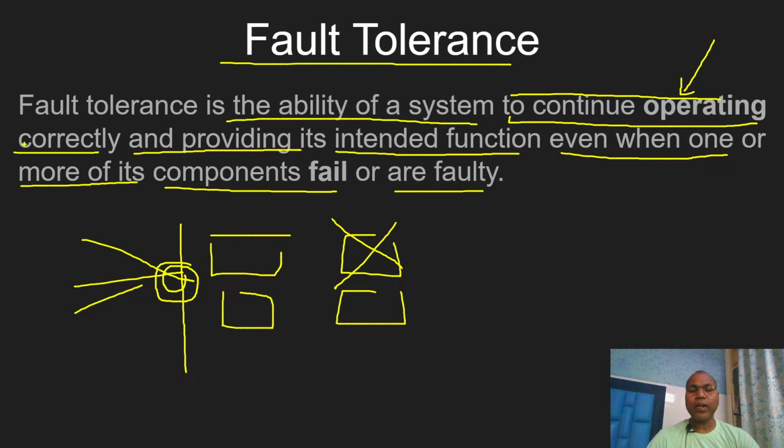Here we say correctly and intended behavior. That means as system designers, we know that if some fault happens, this is our intended function. You cannot say the system will return some unexpected response. That means we are not designing a system only for events that are as per our expectation.